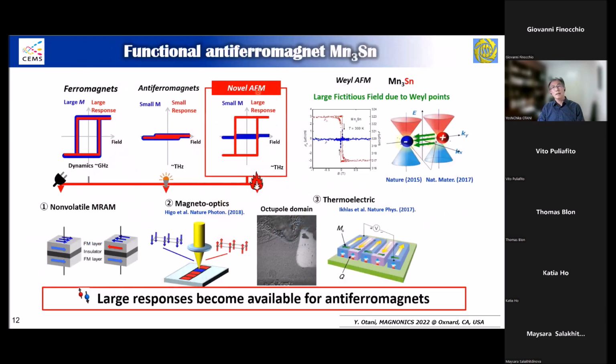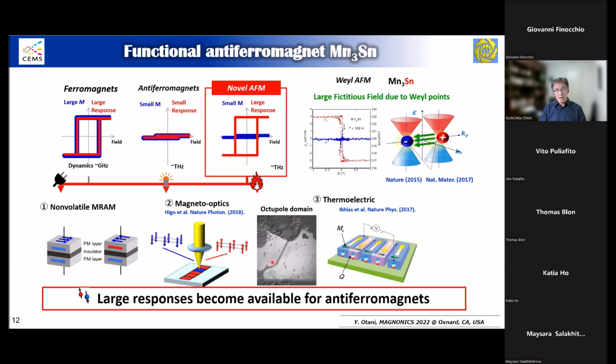This makes our research life much more interesting, using this material, the Berry phase, and also these Weyl points, which create a fictitious field, which allows us to probably test non-volatile memory function. Also, magneto-optical behavior was already examined by Higo et al. in 2018.